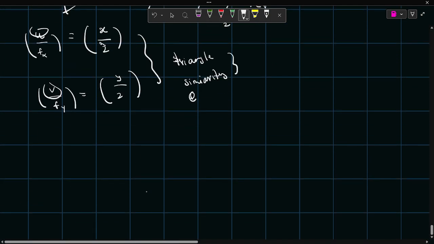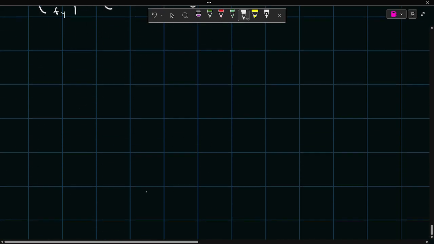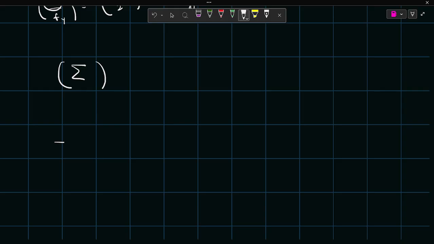But now how do I do that for covariance? Covariance is not that easy. What we do is we multiply the covariance; we need to find a sigma dash first.